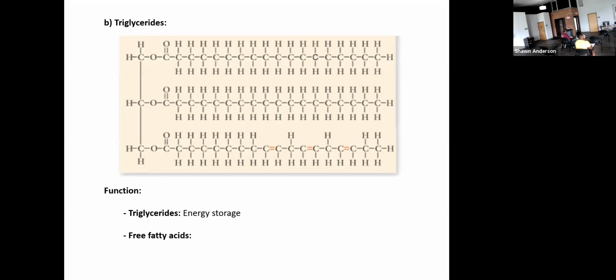And then when your body needs energy in between meals, it goes out, it gets bound to a transport protein, and ultimately these fatty acids get cleaved from the glycerol. And it's primarily these fatty acids, once they are freed from the glycerol.